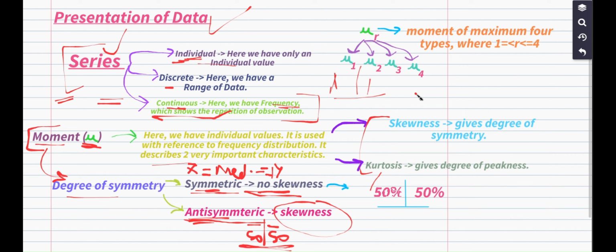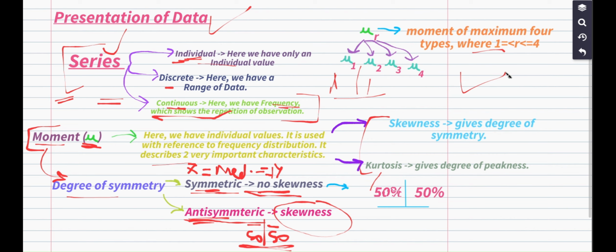So the moment is all about 4 types of values, from 1 to 4. The range of r is always 1 to 4. It cannot be 0, it cannot be 5. It can have only 4 values: 1, 2, 3, 4.